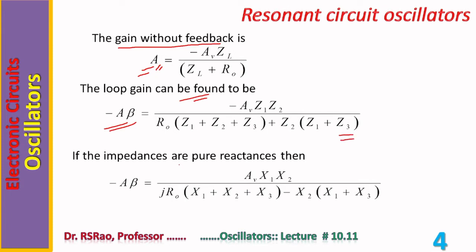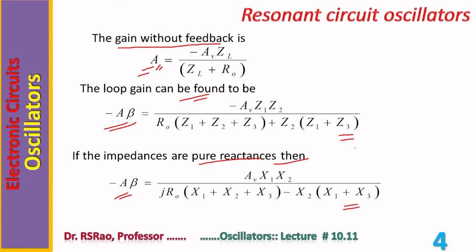If the impedances are pure reactances, then minus A beta becomes Av X1 X2 by j R0 (X1 plus X2 plus X3) minus X2 (X1 plus X3).